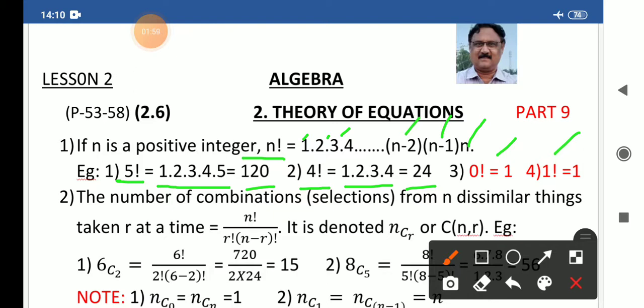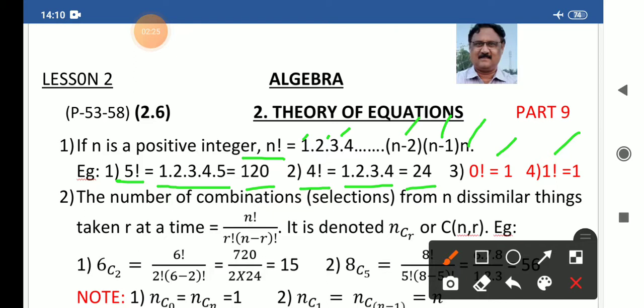Similarly, 4 factorial by 2 factorial is not equal to 2 factorial. Factorial is a symbol, not a number to eliminate or take as common. You don't take factorial as common or eliminate it on both sides, because the factorial is a symbol for the product of natural numbers up to n.